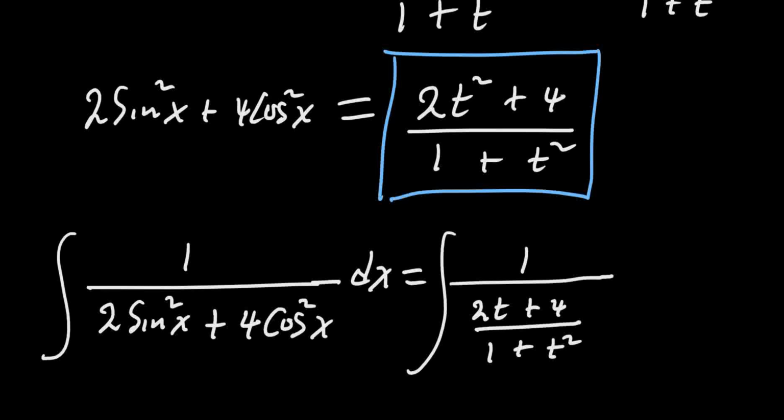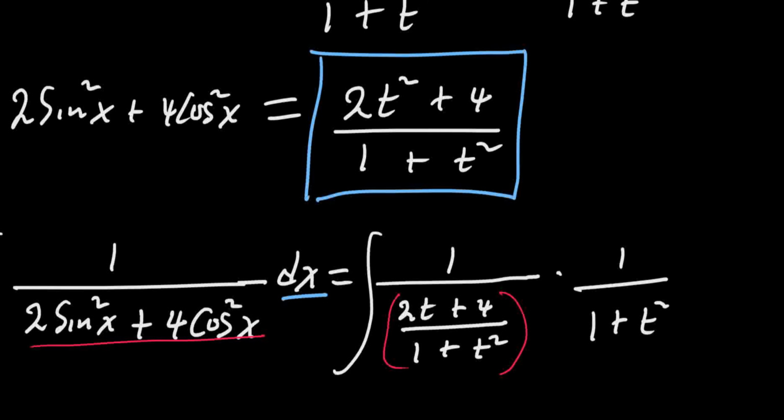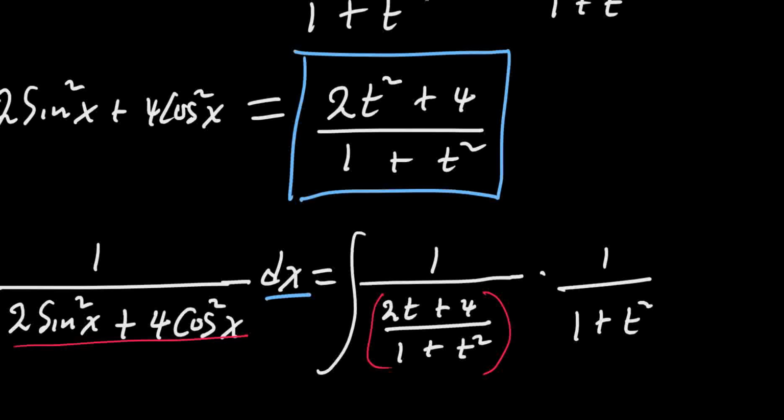So the whole of this is the denominator, and now the dx, we have found dx to be 1 over 1 plus t squared dt.